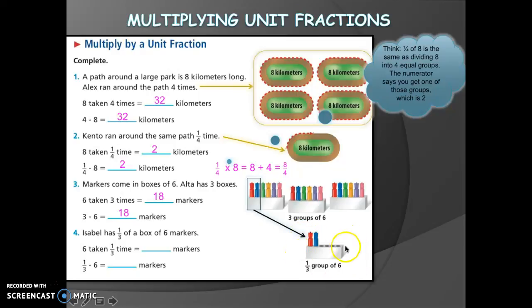So there's 1 box, and she only has 1/3 of that box. 6 markers are in a box. Here's 1/3, 2/3, 3/3 of a box. So 1/3 of 6 is going to be 6 markers divided into groups of 3. There's going to be 2 markers in each group.